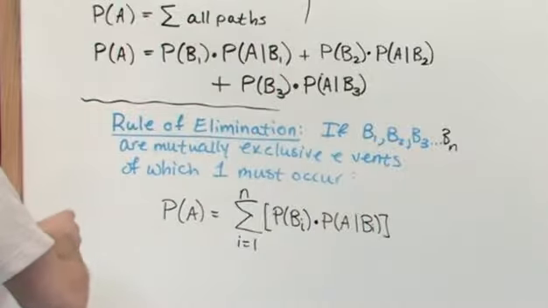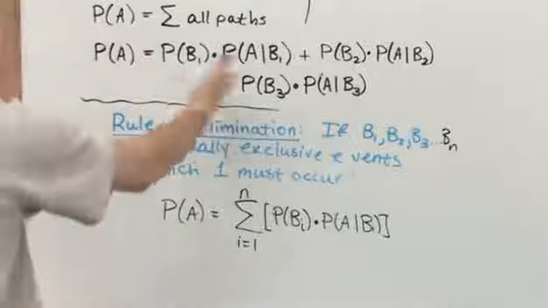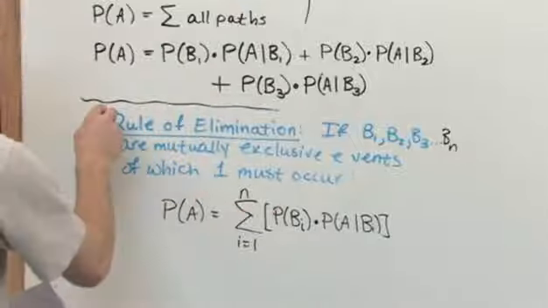This is nothing more than what we wrote for 3 specific paths; it's just a general form of exactly what we did before.